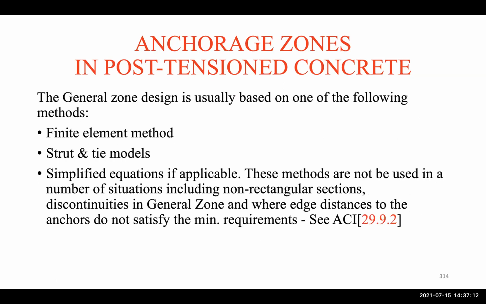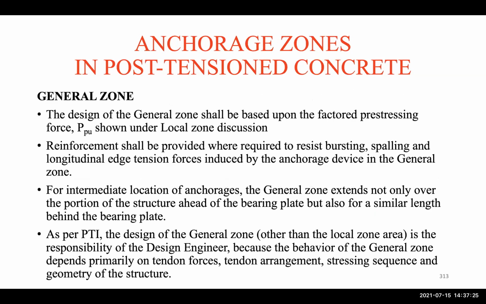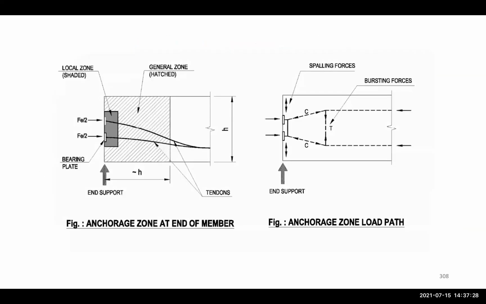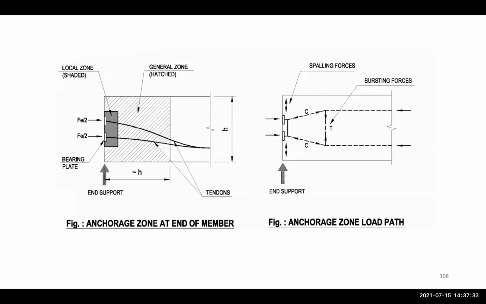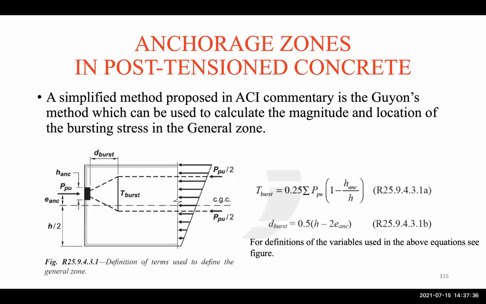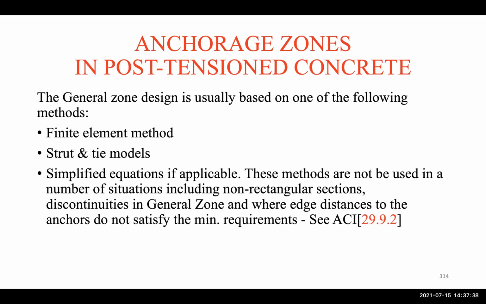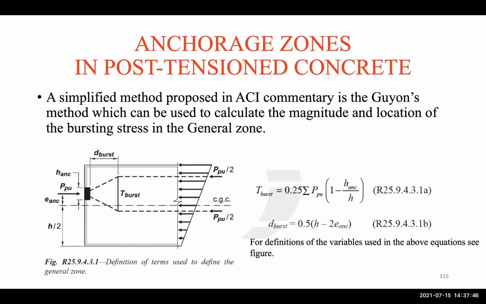Now the general zone design can be done by the finite element method, looking at the stresses in that area, or using strut and tie models, also using the figure that we showed here. For those of you who are familiar with strut and tie, this is the figure on the right. And then there are simplified equations if they are applicable, and we have an ACI procedure for a simplified method that shows the P sub U that's applied.